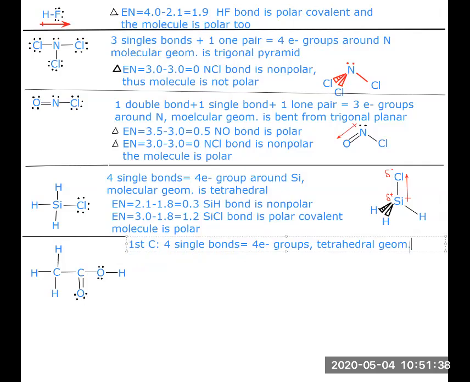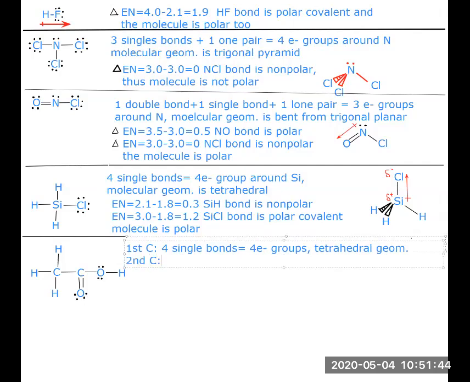Okay, let's continue with the second carbon. Around that second carbon, there's no lone pair. There are 2 single bonds and 1 double bond. But basically, you can also say it's bonded to a carbon and 2 oxygens, so three bonding groups.